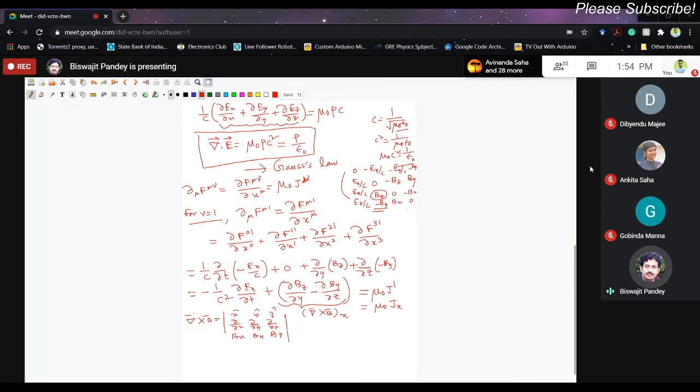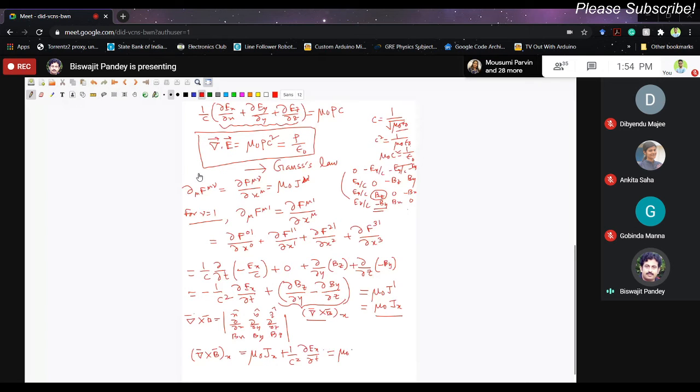You see the x component will be del Bz del y minus del By del z. So this is the curl of B x component. So finally I can write the x component of curl of B is equal to mu 0 Jx, plus, since there's a minus sign, I will take it to the other side, 1 over c square del Ex del t. Again, 1 over c square is nothing but mu naught epsilon naught.